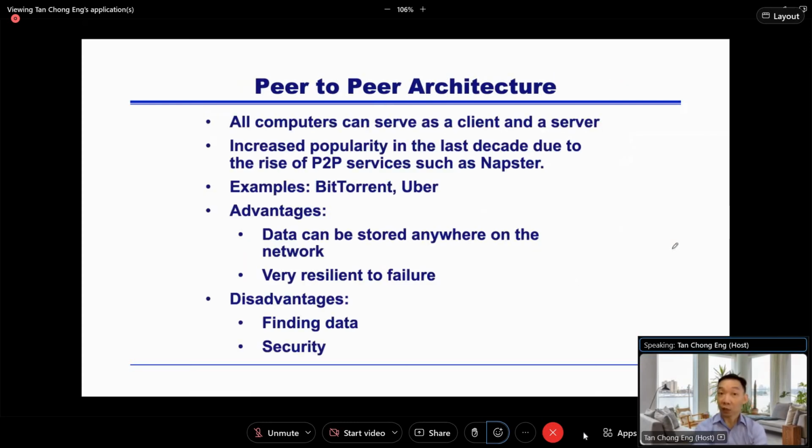And we have peer-to-peer architecture as well. Instead of just splitting tasks, we can have these peer-to-peer architectures where all computers can serve as a client and server at the same time. Your computer can be a client, can be a server, all at the same time. I do not know whether you ever downloaded files from the internet using BitTorrent.